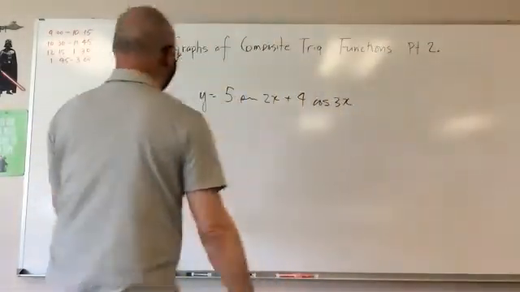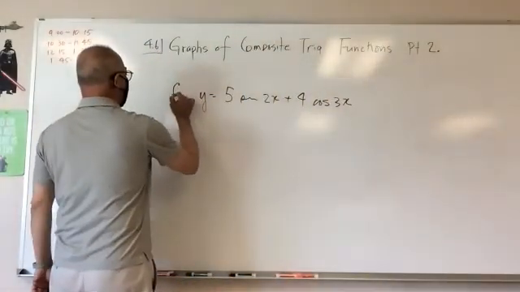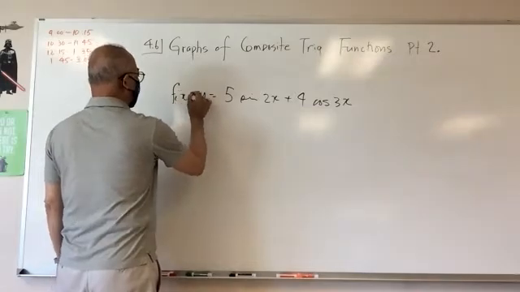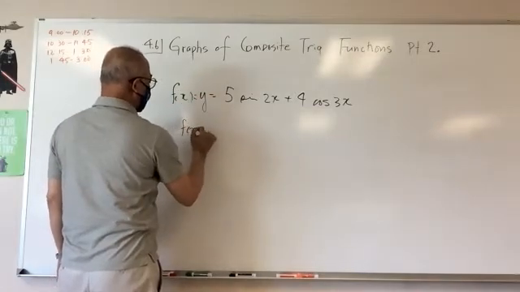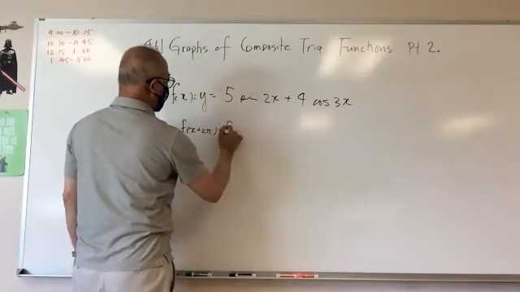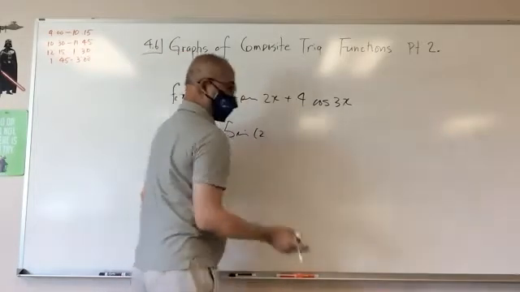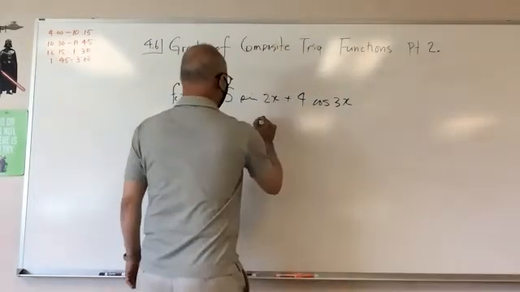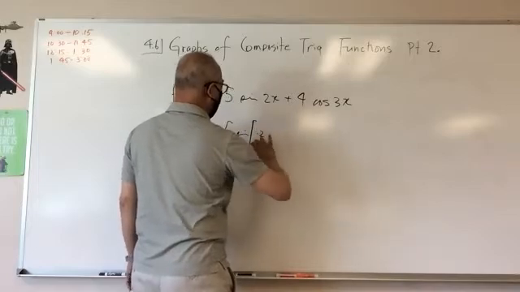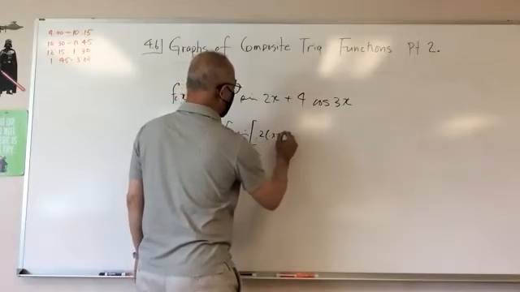Because think about it. If this was f of x, right? f of x plus 2 pi is going to be equal to, wherever x is, I'm going to go ahead and put x plus 2 pi, right?